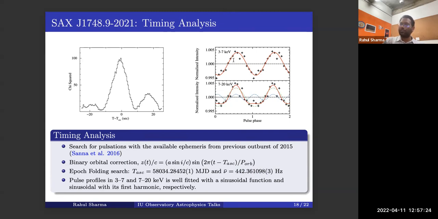The 3 to 7 keV can be well fitted with a single sinusoidal component, that is the fundamental, while for 7 to 20 keV, we can detect its harmonic along with the fundamental component. The fractional amplitudes were around 0.5% in both energy bands.